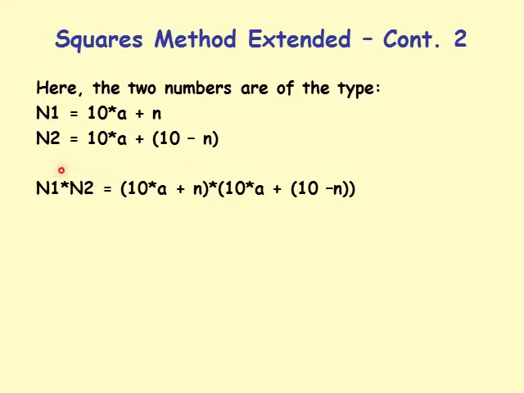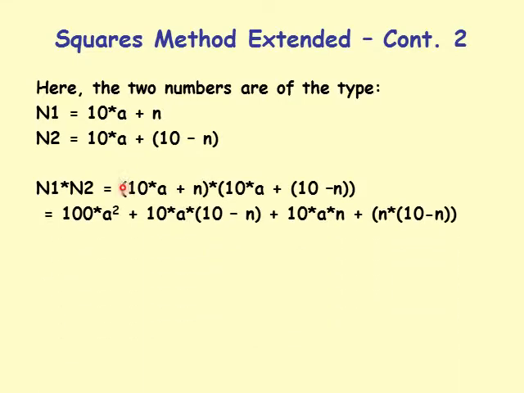Let's continue here. n1 times n2 is the first number, 10a plus n, times the second number, 10a plus 10 minus n. So we're going to multiply now. I multiply 10a by 10a and I get 100a squared.